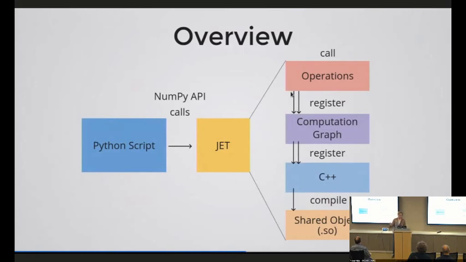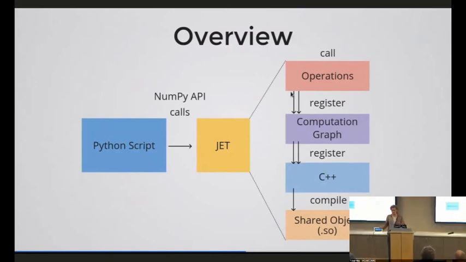The C++ code is then compiled into a shared object by using Clang or GCC or one of those compilers. And this object is loaded dynamically into Python, and you can call the function that was a Python function before directly from Python by means of PyBind11.